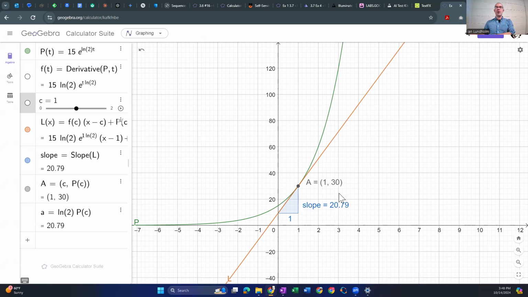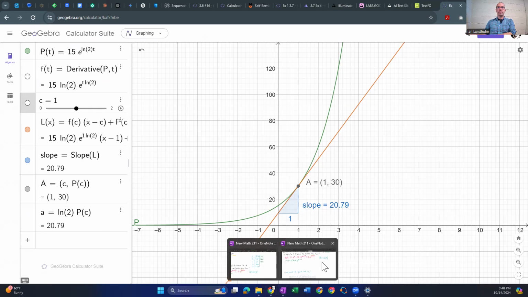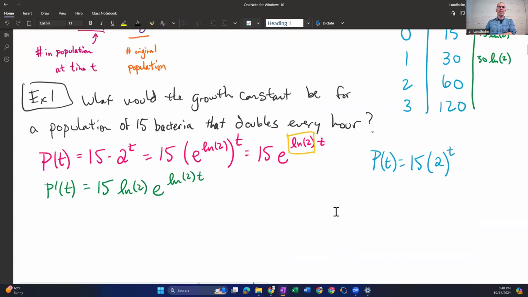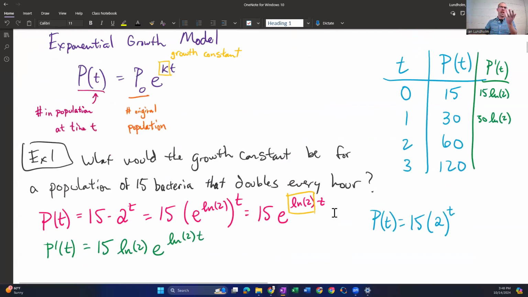That's because when you multiply 30 times the natural log of 2, you get that 20.79 number. So it's cool. So we totally can use calculus to track the growth of a population, that kind of stuff.